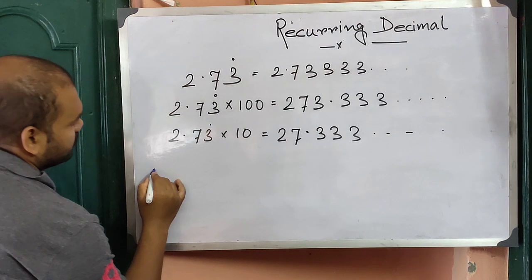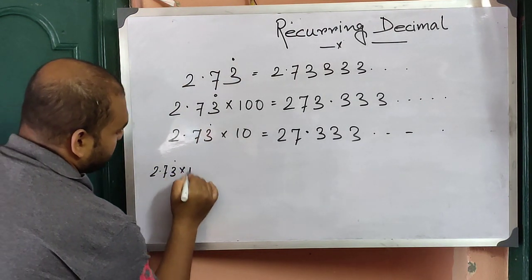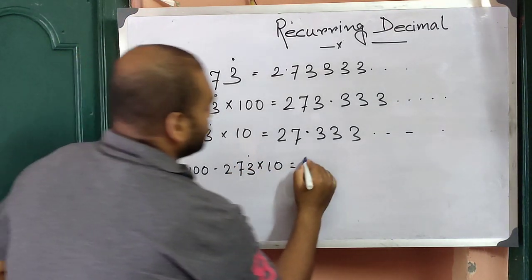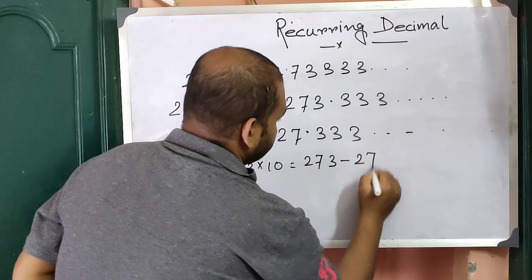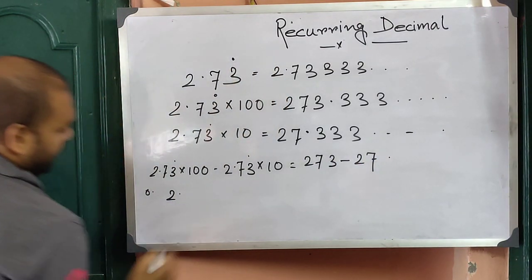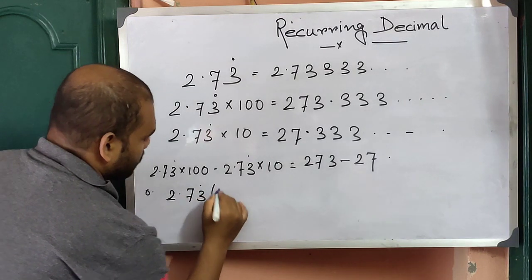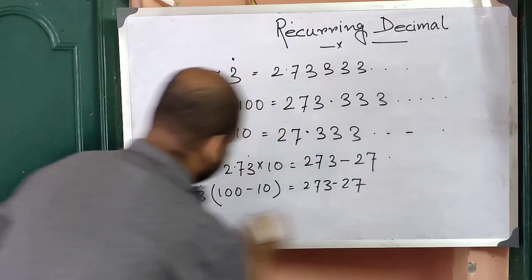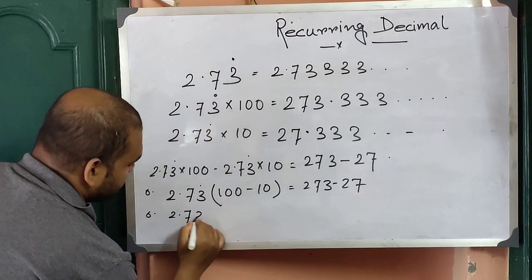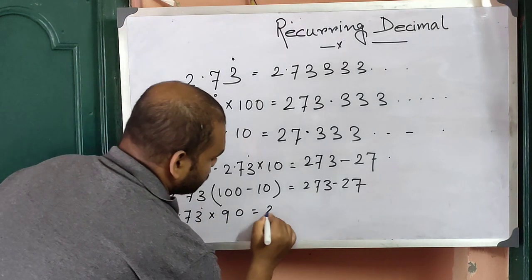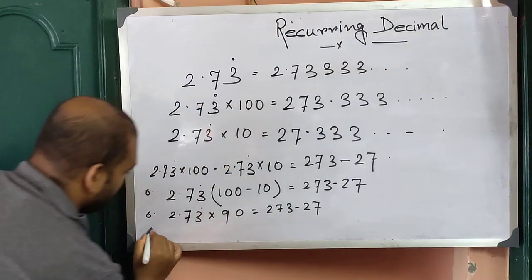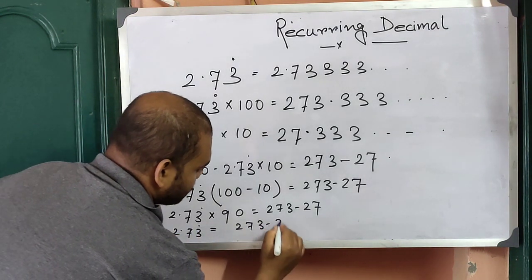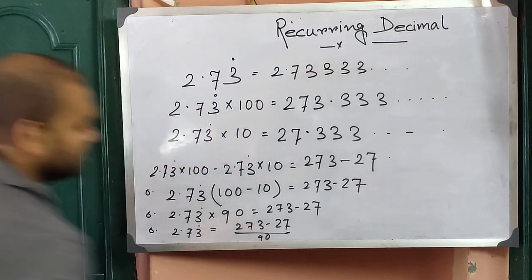So when you subtract 2.73 into 100 minus 2.73 into 10, you will get 273 minus 27, or 2.73 into 100 minus 10, you will get 273 minus 27, or 2.73 into 90 is equal to 273 minus 27, or you can get 2.73 recurring is equal to 273 minus 27 by 90. So very easy to write down.